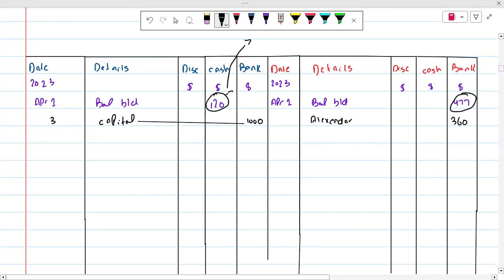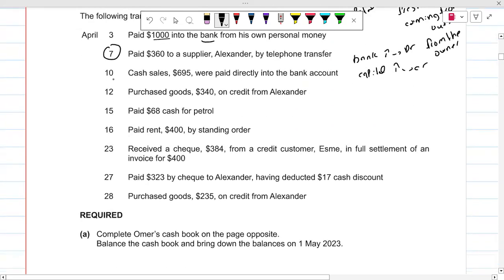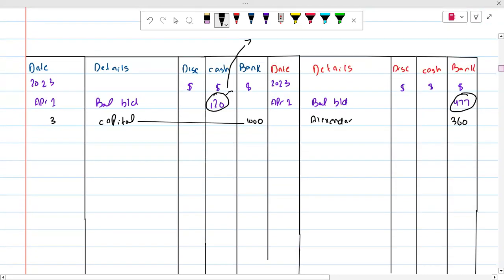After that, we have another transaction on 10 April: cash sales of $695 were paid directly into the bank account. If there is any kind of cash sales, we will record this on the debit side because it is increasing our cash.